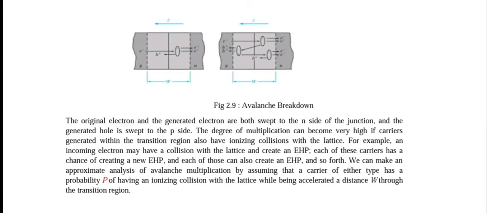When a minority charge carrier in the P region, either electron or, in the case of n-type material, a hole, has a probability of collision P while being accelerated a distance W through the transition region, what will happen? We are going to analyze it.